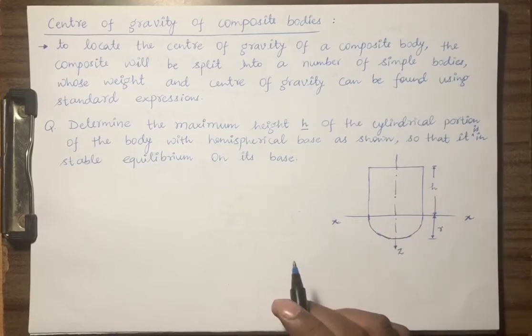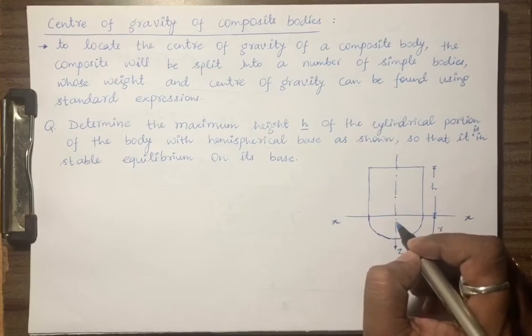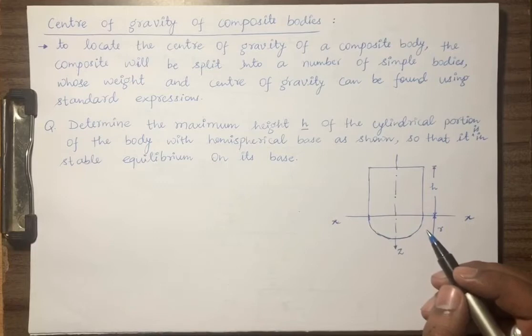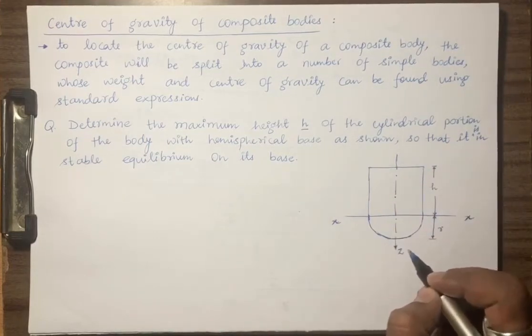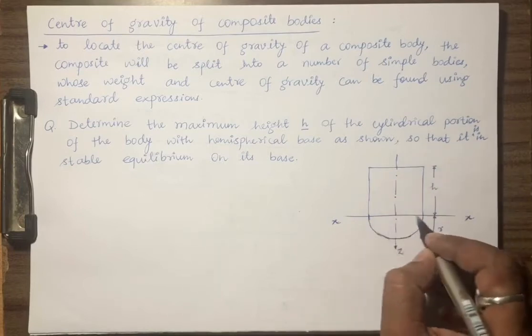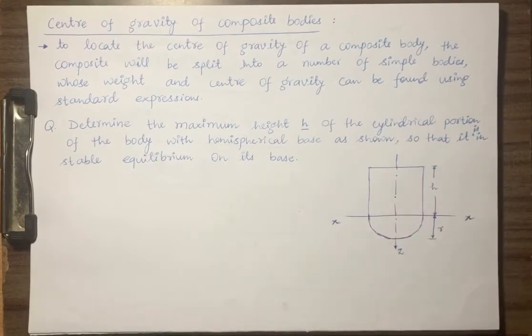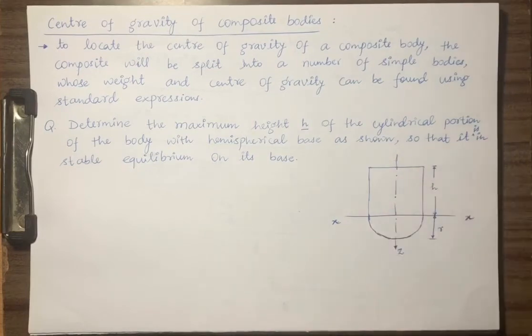So for this, the center of gravity has to be in this hemispherical portion, and due to symmetry it will lie on this axis, the z axis. So x will be 0, only z will be there because it will be on this axis.